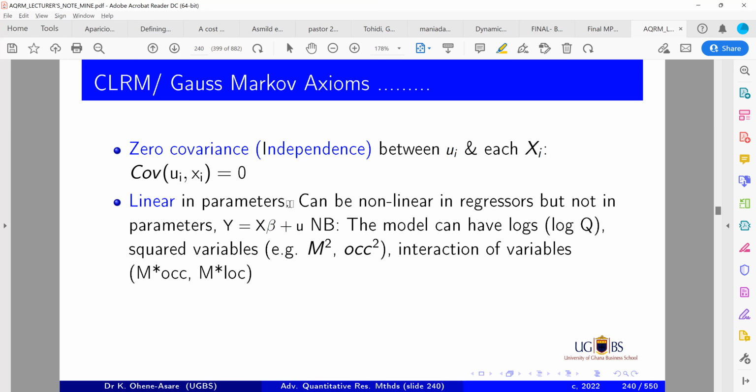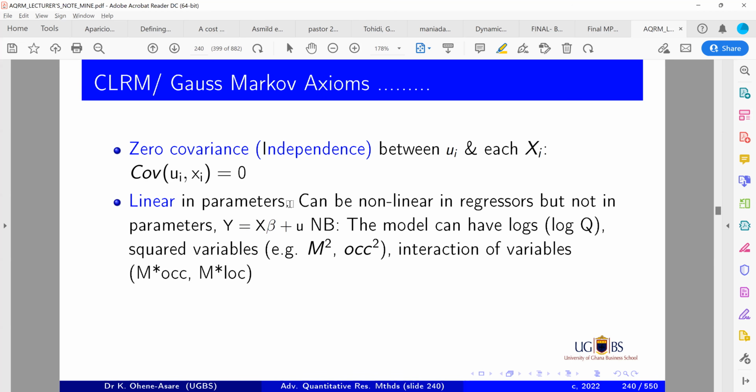Now, the next assumption is that before you can do a regression, the parameters, the estimators, the betas, should be linear. I'm talking about basic regression, not nonlinear regression. So the regression says that the relationship must be a linear relationship.